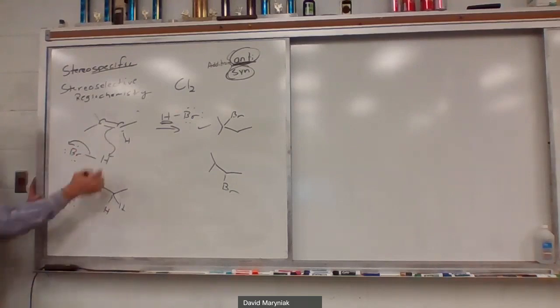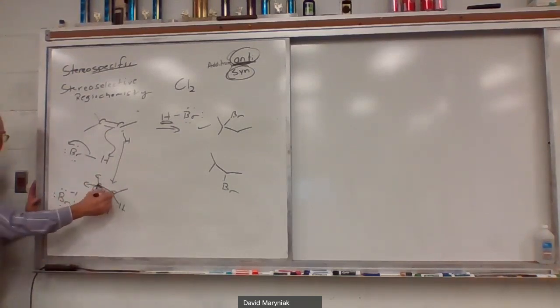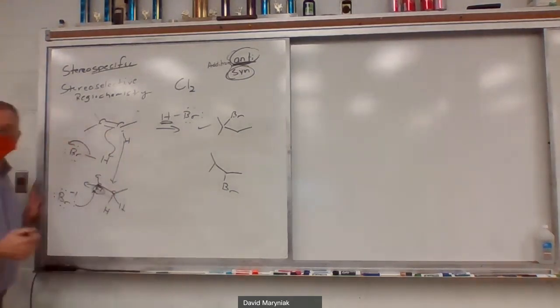And in this intermediate, where would the positive be? On that carbon. And what type of carbocation is that, since it's connected to three other carbons? Tertiary. And then when the Br comes back, again, we're at this product.